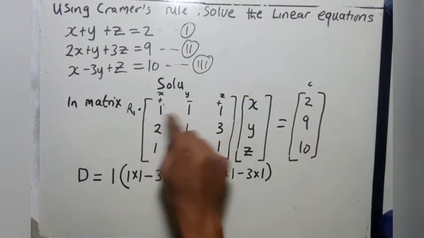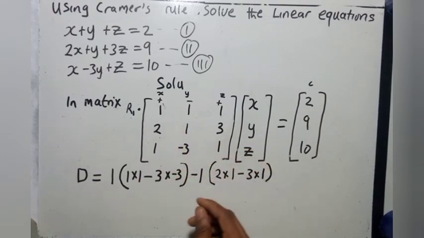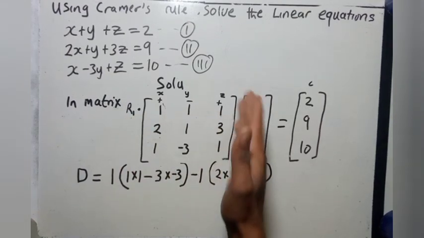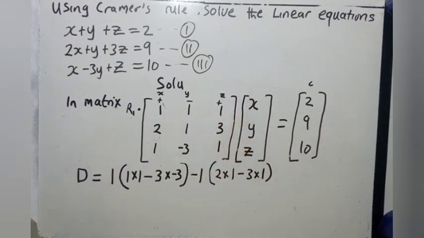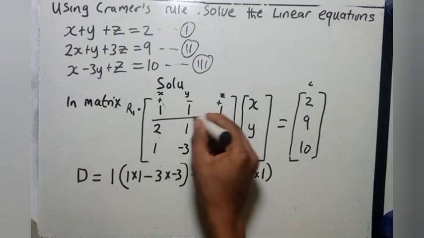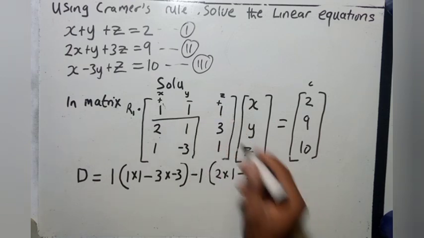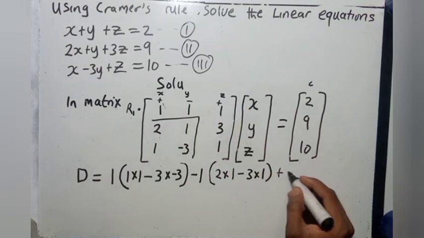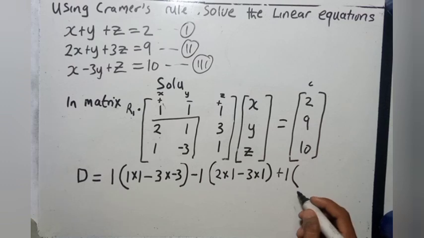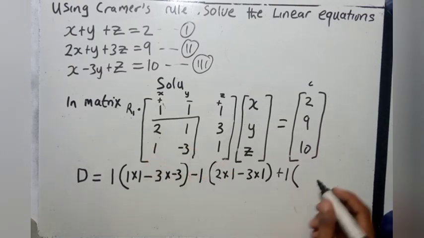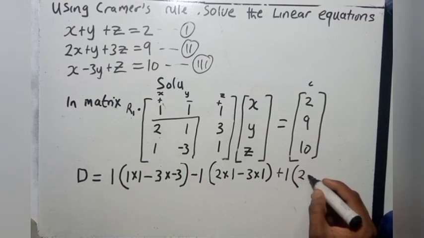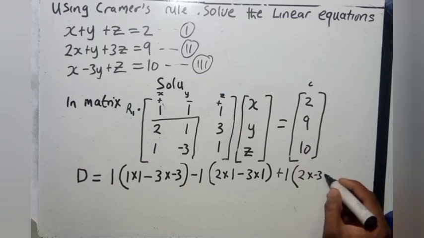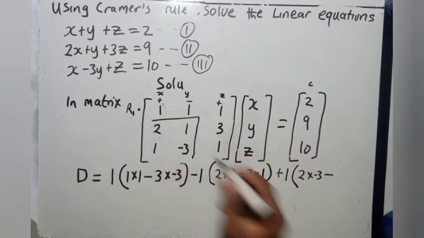For the z part, we ask ourselves what numbers don't fall under row 1 and column z, and it will definitely be this set of values. Now our sign, plus 1 multiplied by 2 times minus 3, minus 1 times 1.